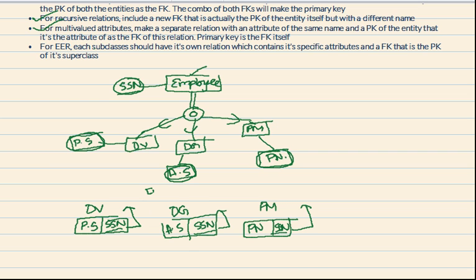Also, since the subclasses do not have any key attributes, we underline these foreign keys. Usually we don't underline foreign keys, right? But subclasses usually don't have any primary keys, because they are identified with the primary key of the superclass. So the foreign key itself will be the primary key in the case of a subclass in EER diagrams.